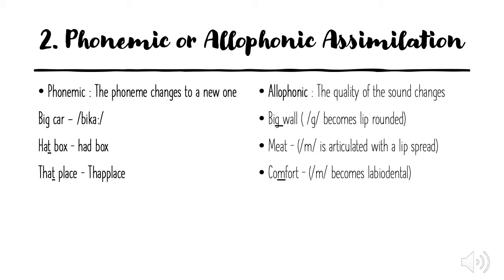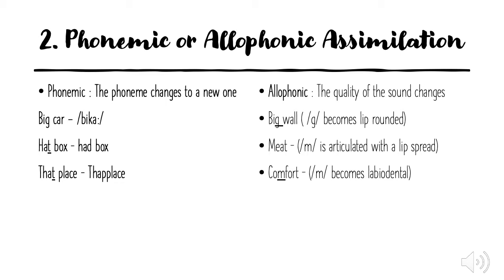M by itself is a bilabial sound, but there is definitely no lip spread involved in the production of M by itself. But in a word like "meat," under the influence of the E vowel, which has lip spread in its production, the M also becomes a lip spread variant.